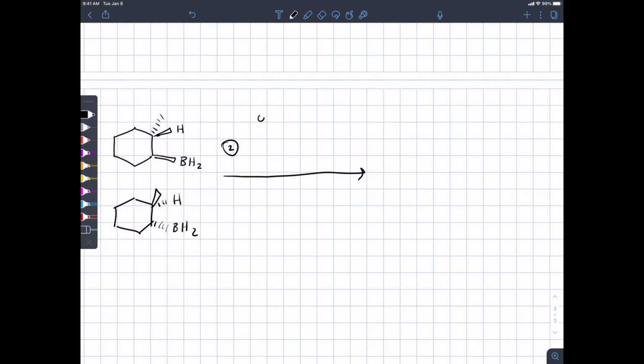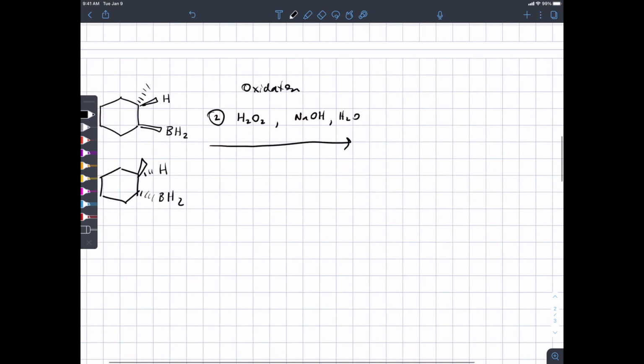This second step, which is the oxidation step, involves hydrogen peroxide, sodium hydroxide, and water as the solvent. And what this does is it replaces the boron with an oxygen in a way that retains the stereochemistry.